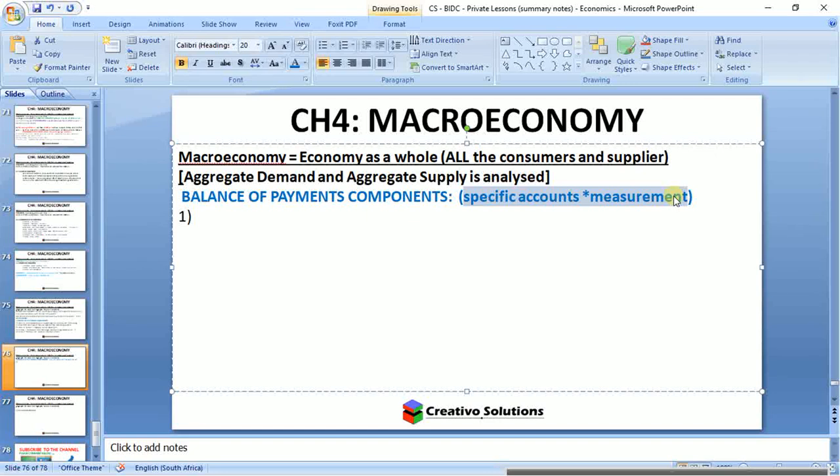Let's first consider the current account. Just write on the heading so you've got that. Number 1, current accounts.